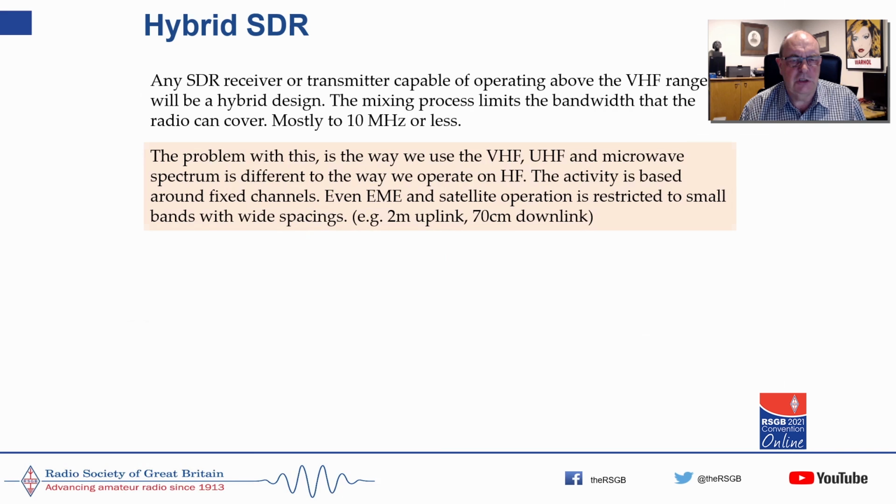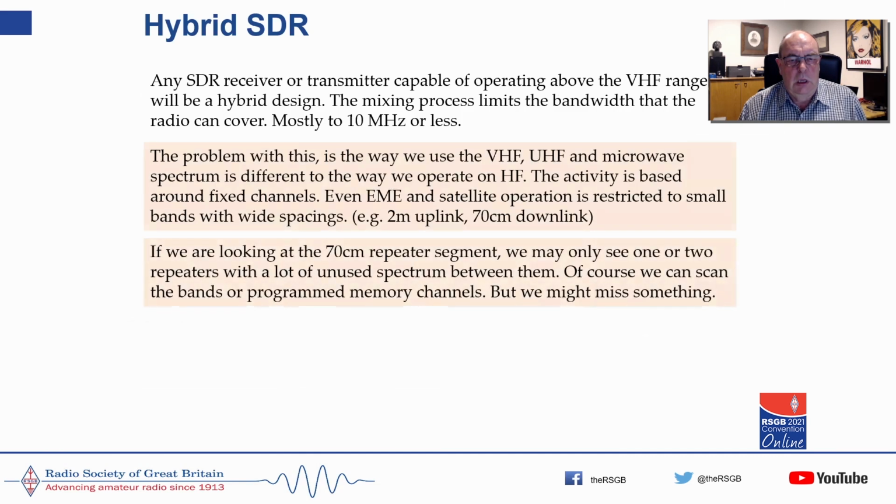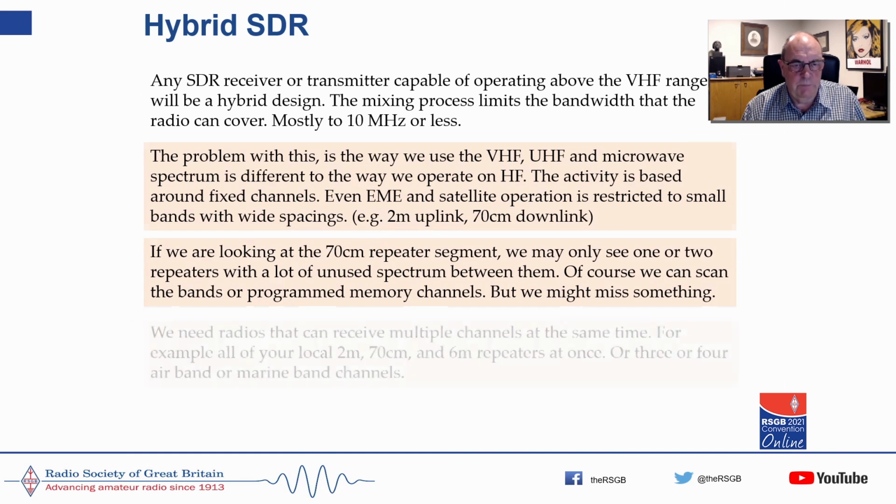And that doesn't really suit SDRs, because we've got an SDR that can display 10 megahertz, but it might only be able to display a couple of local repeaters with a whole lot of unused spectrum in between. Now, you can scan the bands or program memory channels, but then you might miss something, because you really want to be able to see all of the signals all of the time.